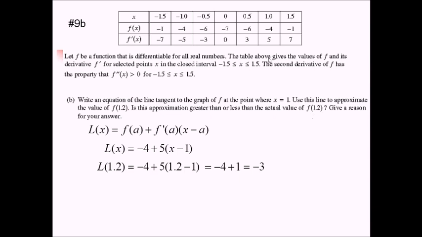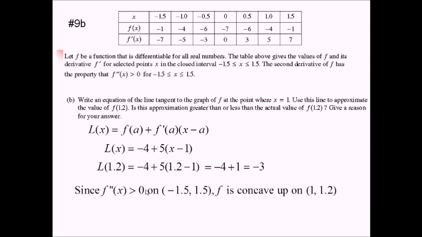Looking back up here, they said the second derivative was greater than 0 between negative 1.5 and positive 1.5. Since it's positive on this whole interval, and it's actually positive on the closed interval, but all we needed was the open interval, that tells us that our function f is concave up on the interval in question, on 1 to 1.2.